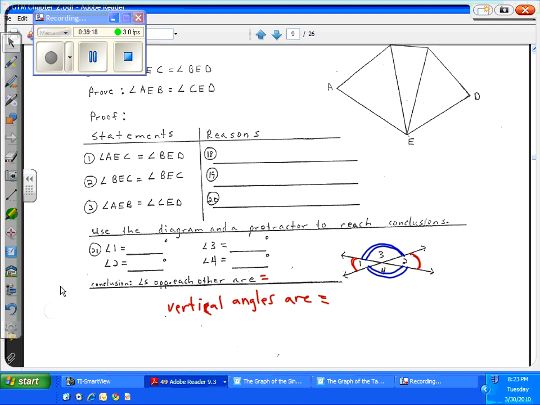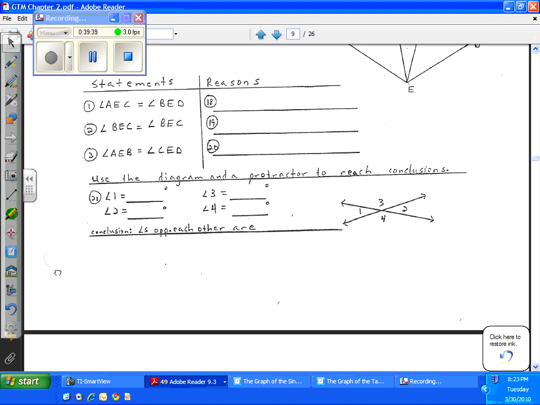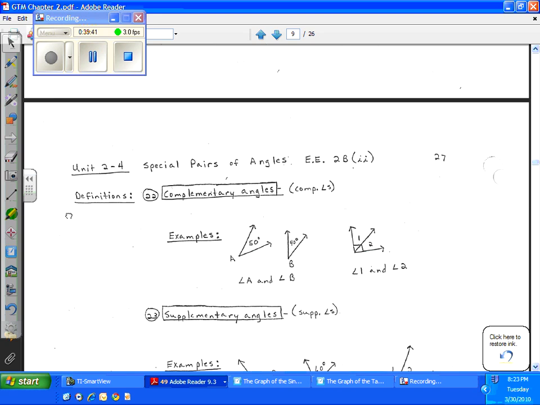Okay? So just so you know, students and teachers, when your students have trouble knowing what to put in the blank right here, well, that would be understandable because you haven't learned that rule yet. But you should have gotten the concept that those angles opposite are equal.